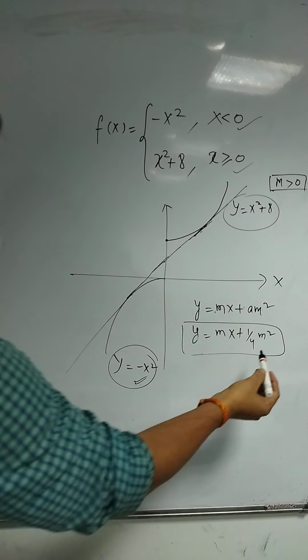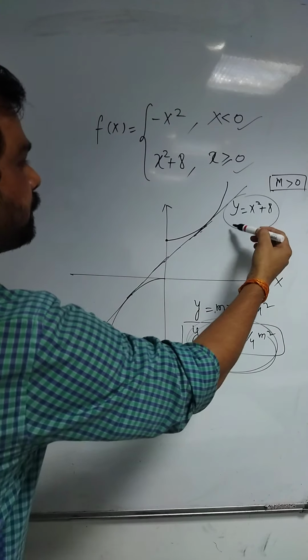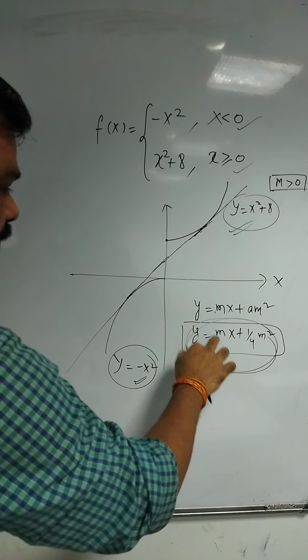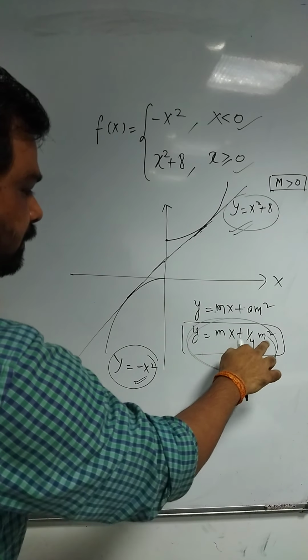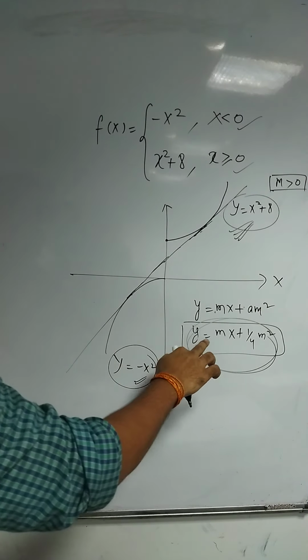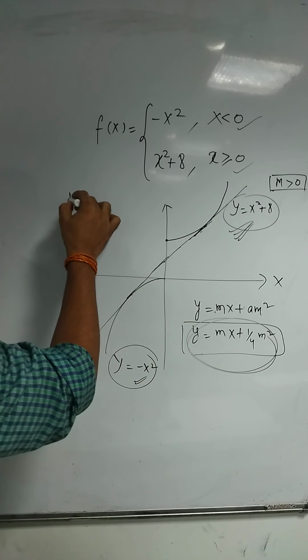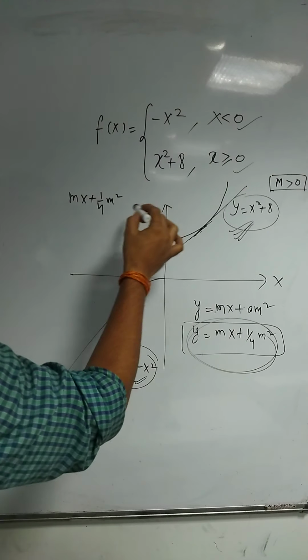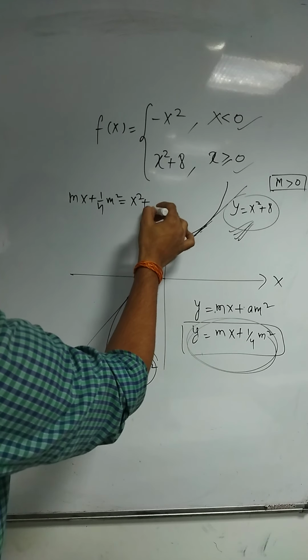Okay, and this line should also be tangent to this parabola. So y is equal to mx plus 1 by 4 m square is also tangent to this second degree curve. So put mx plus 1 by 4 m square is equal to x square plus 8.